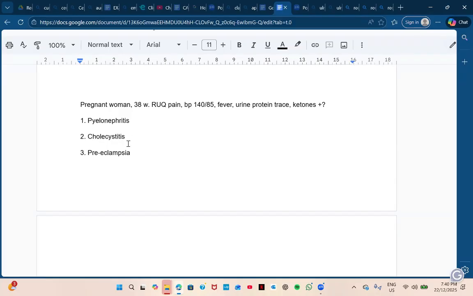This is out anyway. So cholecystitis, we have the confusion between cholecystitis and preeclampsia, right? We don't know what urine protein trace means, how much protein is in the urine. We don't know the proteinuria level, and there's ketone plus and the fever. So does the preeclampsia patient present with fever?